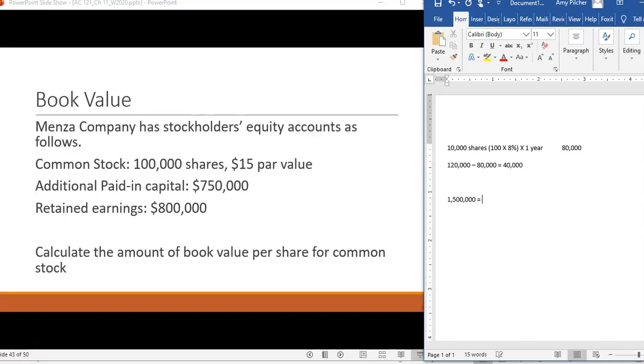We add that to our $750,000 and our $800,000. And we divide that entire sum by the 100,000 shares we have outstanding. That gives us a book value of $30.50 per share. Remember what I said, that doesn't reflect the current market value.